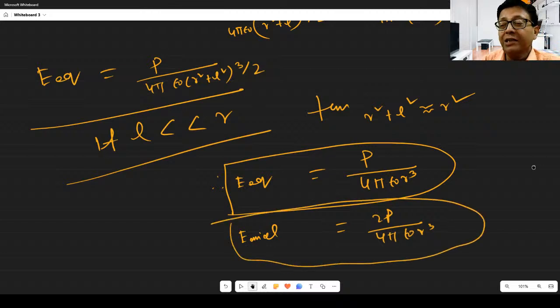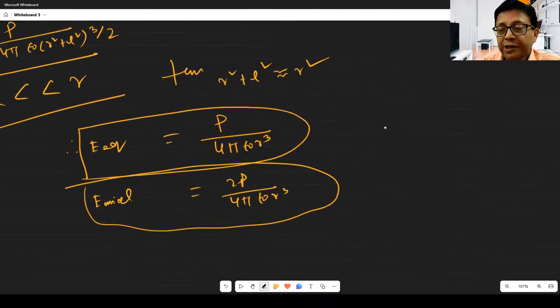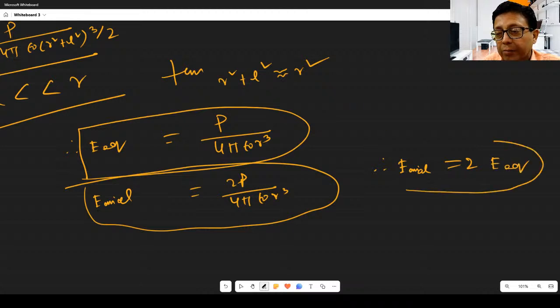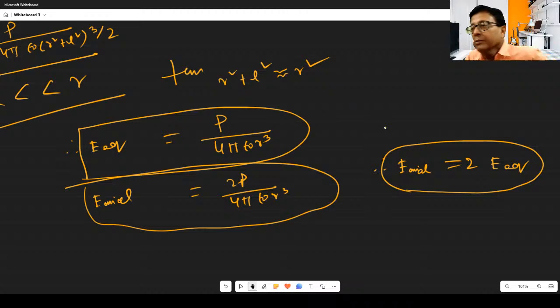E axial is double of E equatorial. The electric field in axial position is double that of equatorial position. Okay?